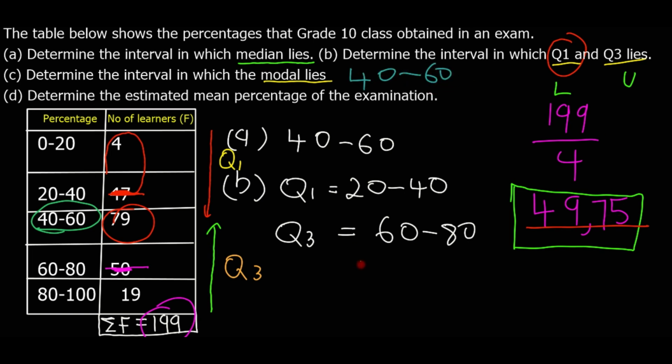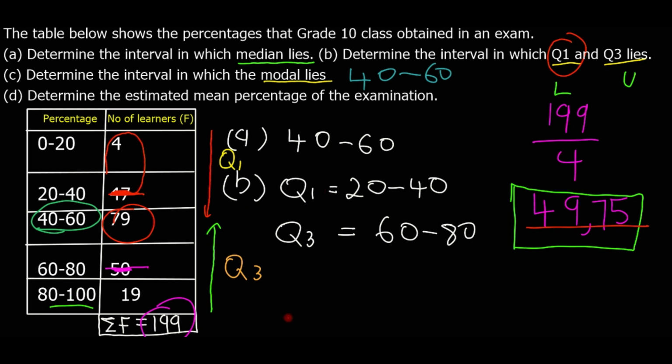And then part D, you answer on your own, just like the previous example. So the first thing, create the midpoint, or 0 plus 20 divide by 2, and then 20 plus 40 divide by 2, until here.